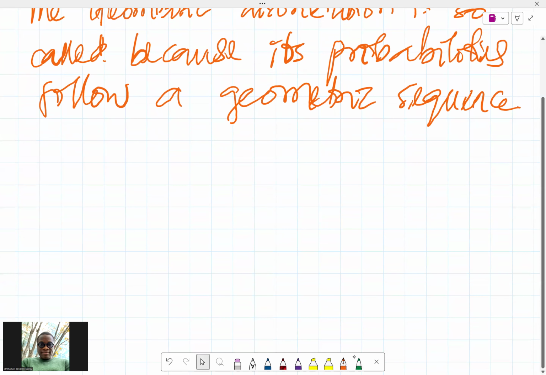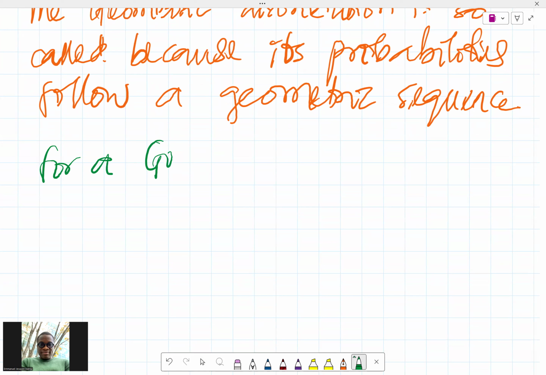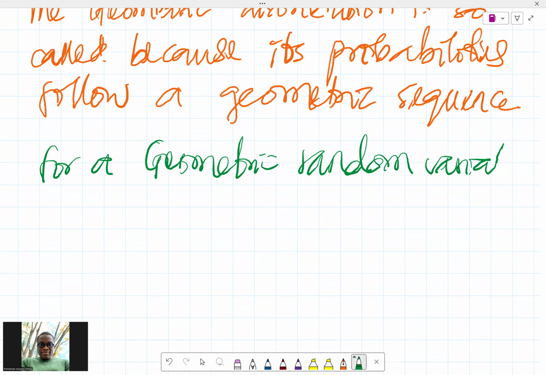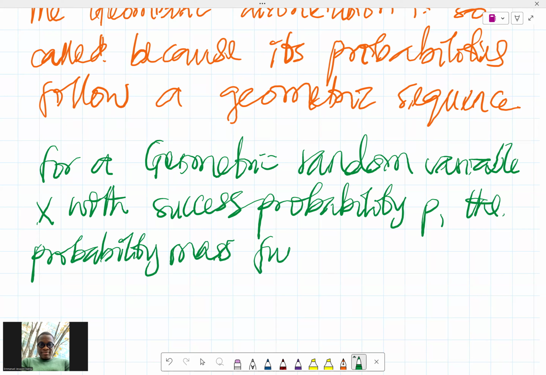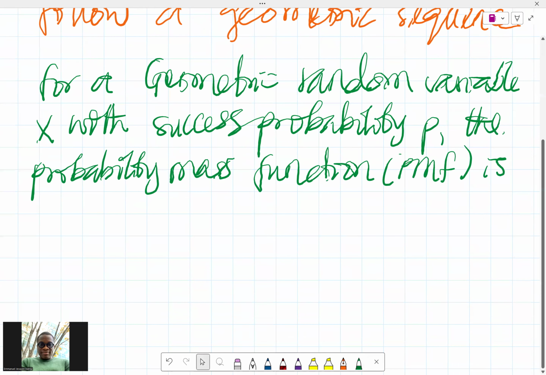Now, having said that, for a geometric random variable X with success probability p, the probability mass function, PMF, is that which generates the probability, right?